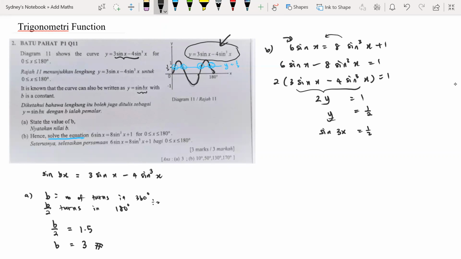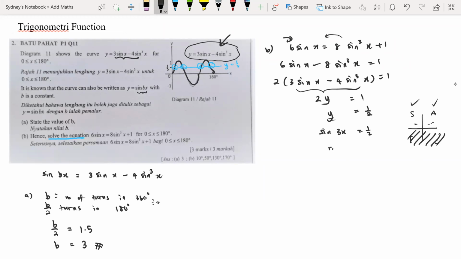Once we reach here, our sine 3x is positive. According to ASTC, the 4 quadrants, we choose quadrant 1 and quadrant 2, not T and C.